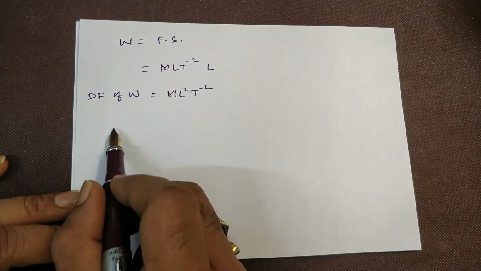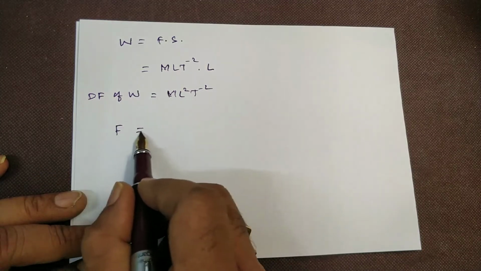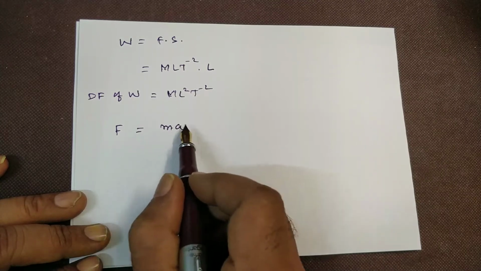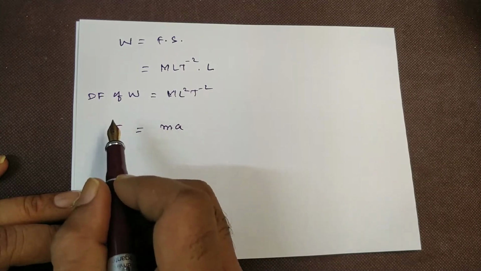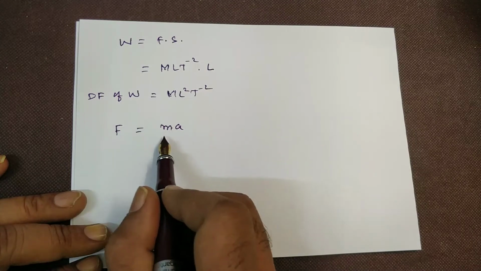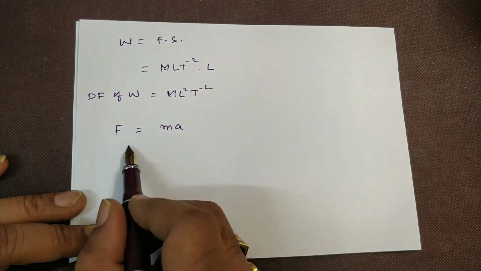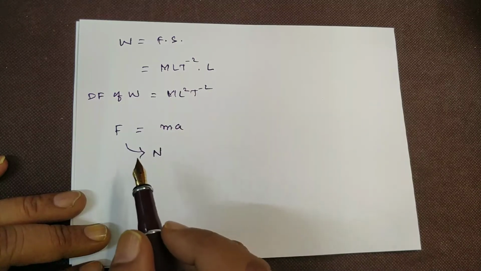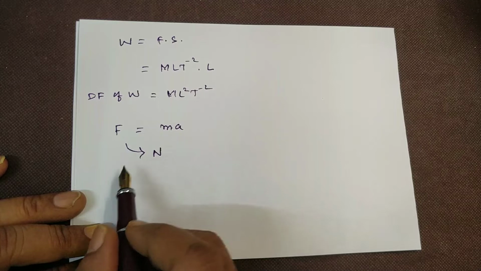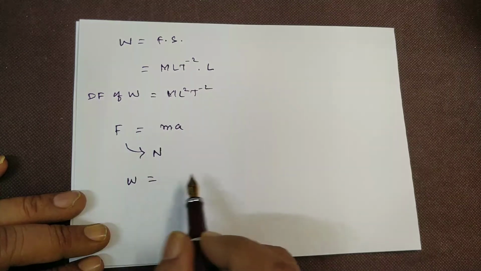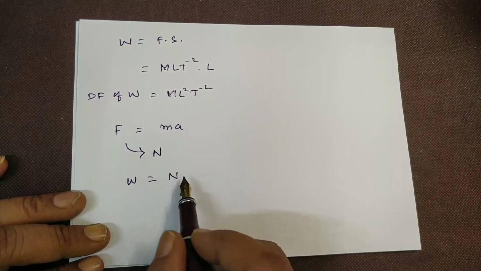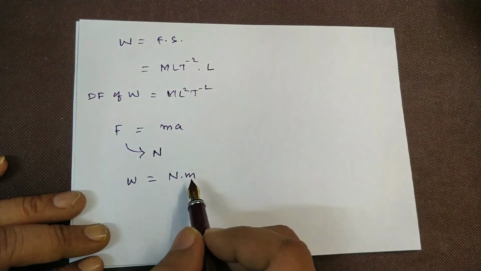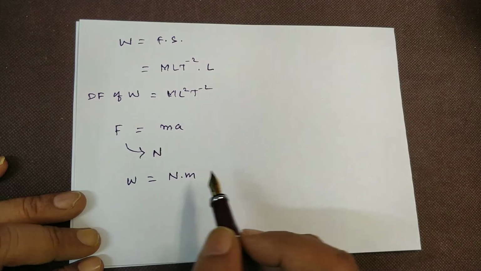Actually, force is given in Newton. Force equal to MA. So MA means it is given in Newton. N stands for Newton. So W is equal to Newton into meter. S is displacement, so that is given in meter.